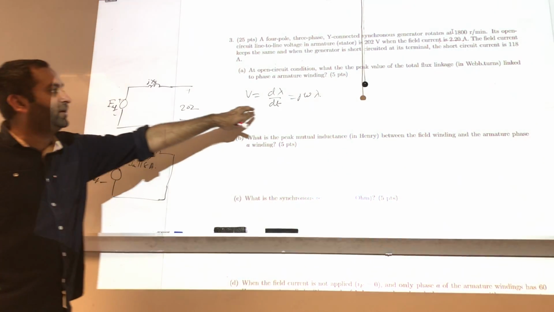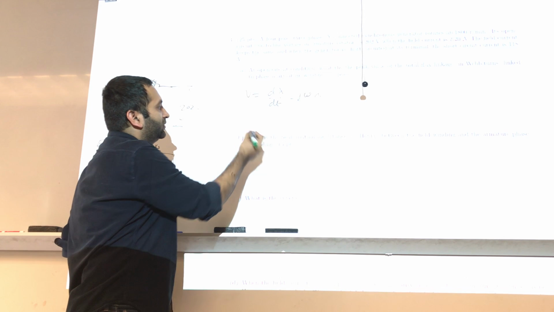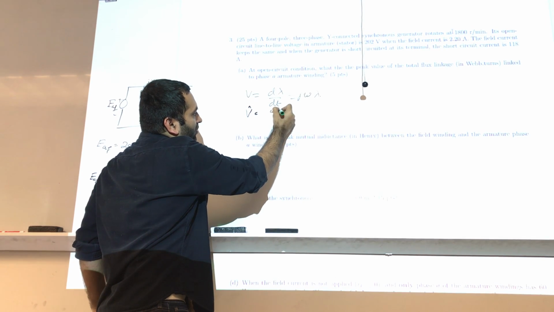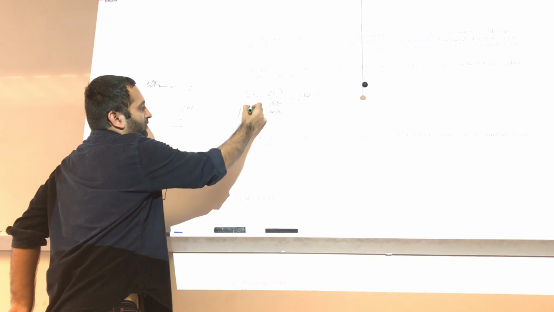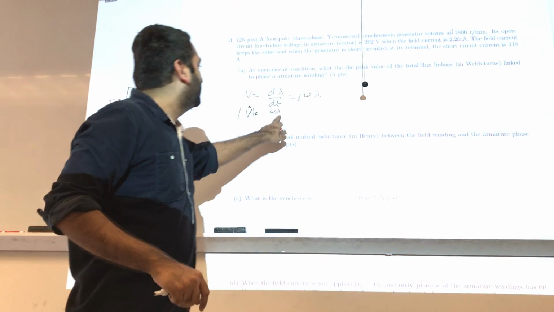Because you can write d by dt as j omega. So if I want to find the magnitude of it, we can just write omega lambda. That's the magnitude. So it's asking you to find lambda.